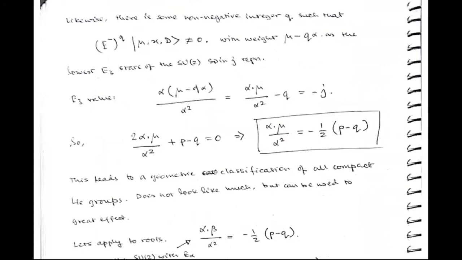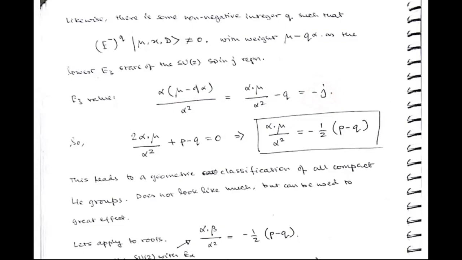Again, the E3 weight of this state is going to be alpha dot mu minus q alpha by alpha squared, and this has to be equal to minus j, okay? So again, like what we did for the SU2, we are just using this for a particular alpha. Very good. So for a particular root, okay?